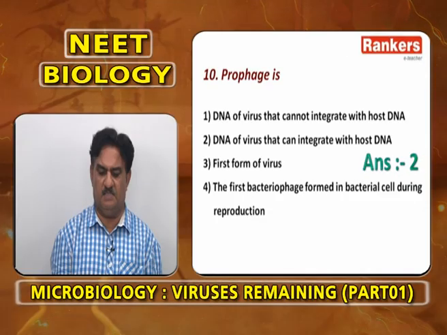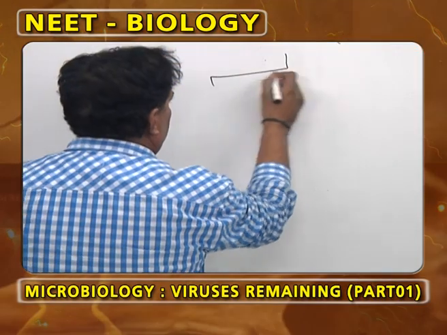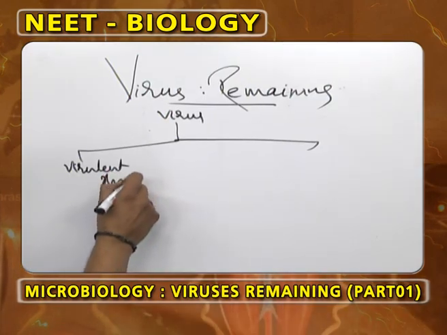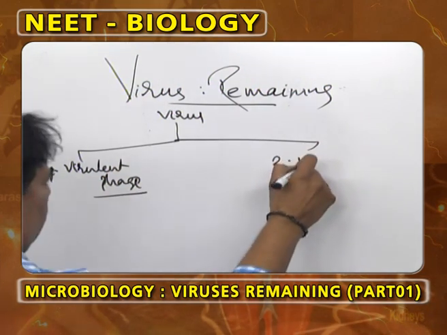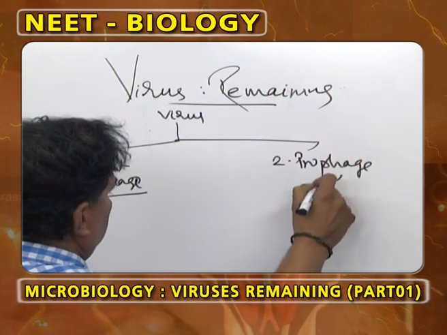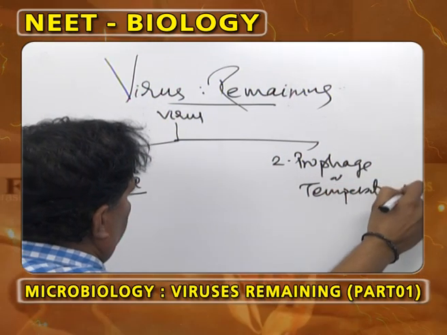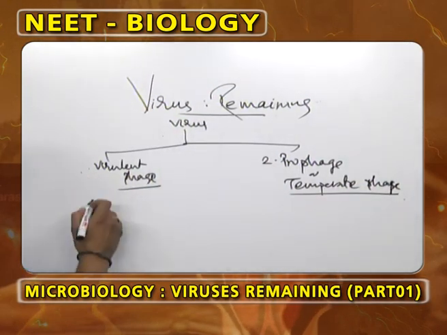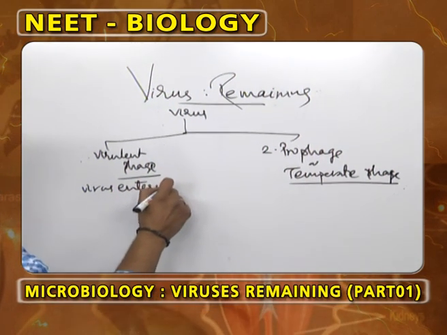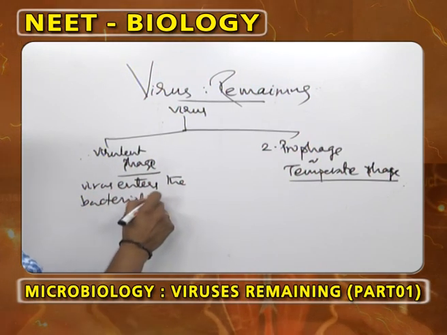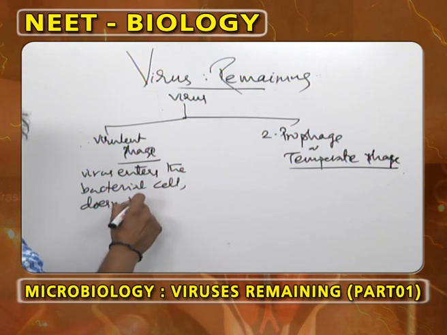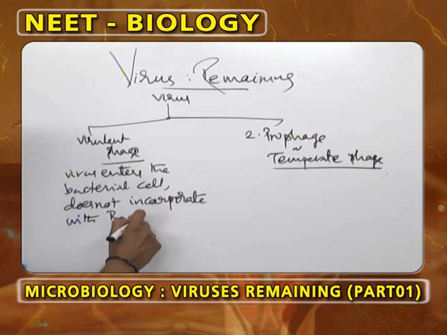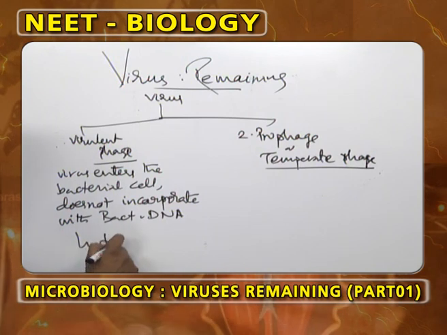Based on the life cycle, there are two types of viruses: the virulent phage and the prophage or temperate phage. A virulent phage is a virus that enters the bacterial cell and does not incorporate with bacterial DNA, but causes the lytic cycle.